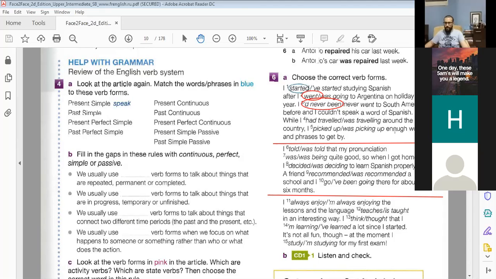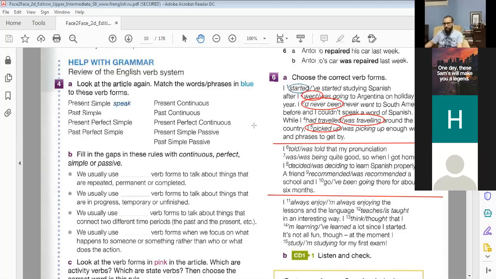While I was traveling around the country, I picked up enough words and phrases to get by. So do you want to choose was traveling in number 4? Yeah, was traveling. And I picked up. Okay. So, let's see someone else who wants to do number 2, and then we'll have a little chat.